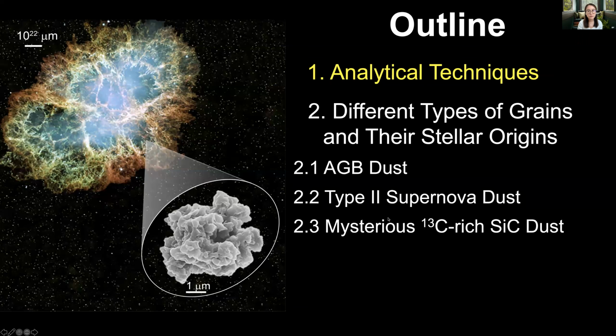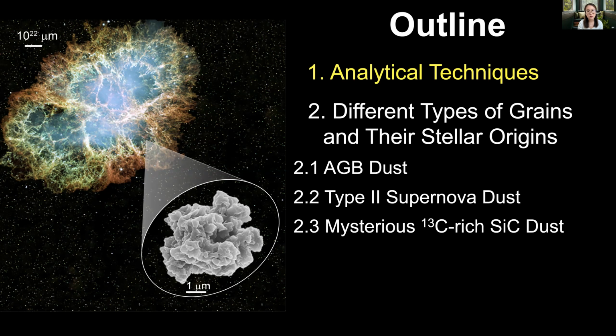So here's an overview of the topics I'm going to cover in this part of the lecture. We will first have a look at the two different types of mass spectrometers we use for analyzing the isotopic compositions of single micron to submicron sized pre-solar silicon carbide grains.